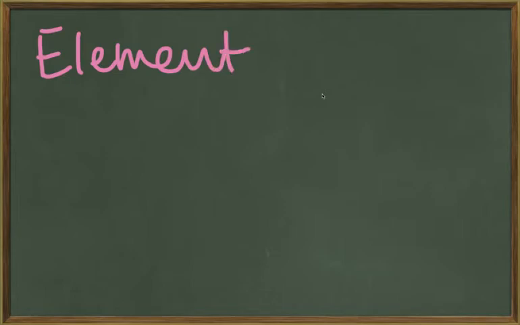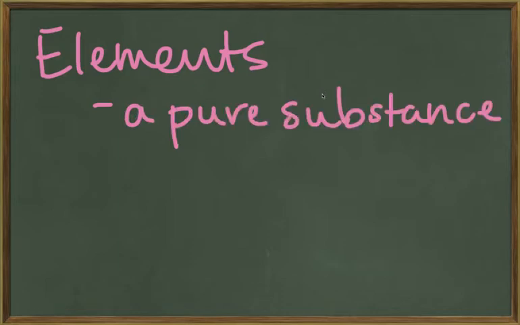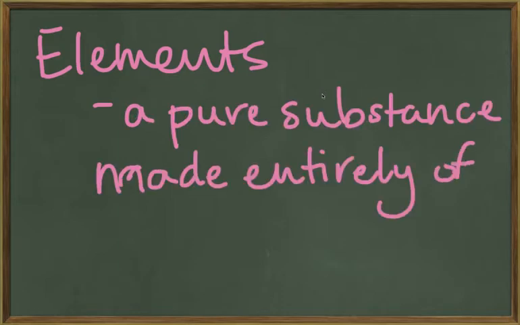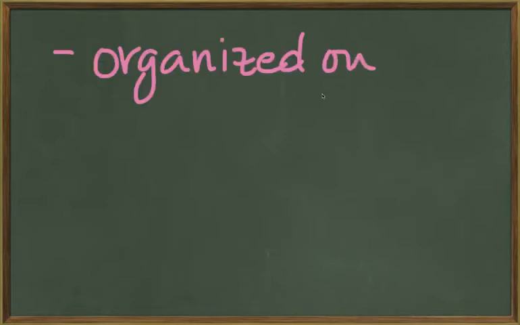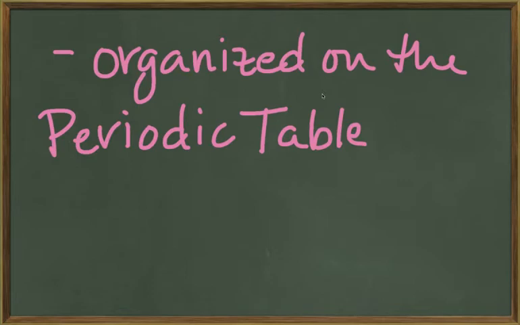What atoms eventually form are called elements. Elements are defined as a pure substance made entirely of one type of atom. They are organized on the periodic table. When you get to chemistry, you'll go into a lot more depth than this.